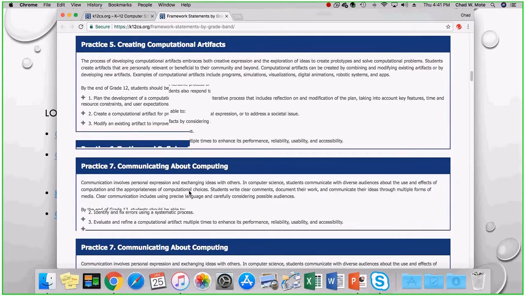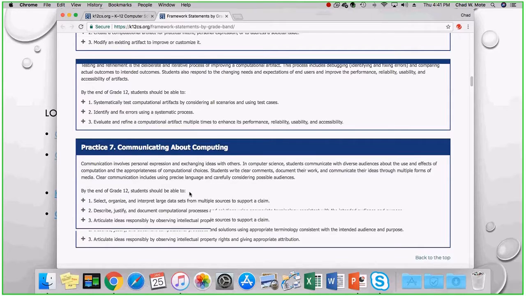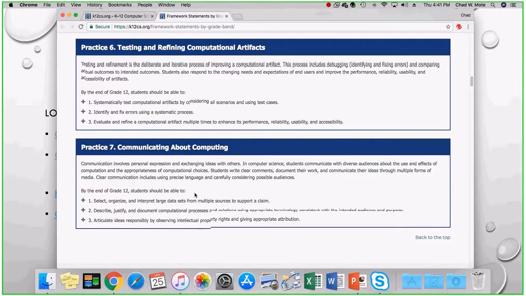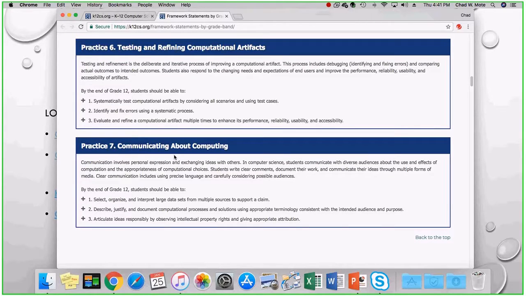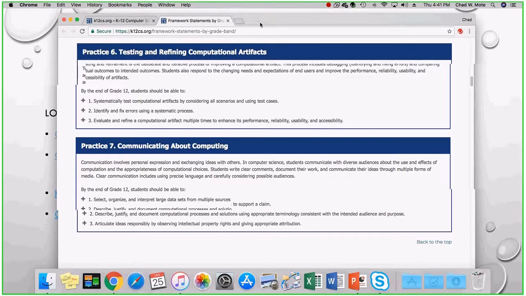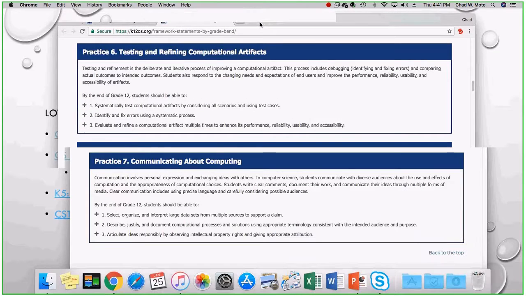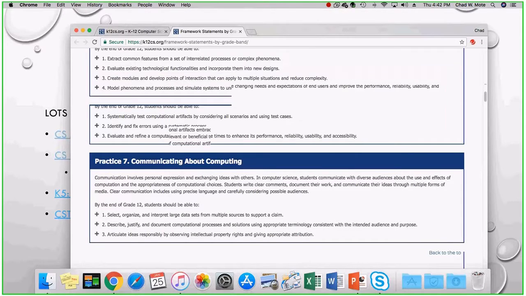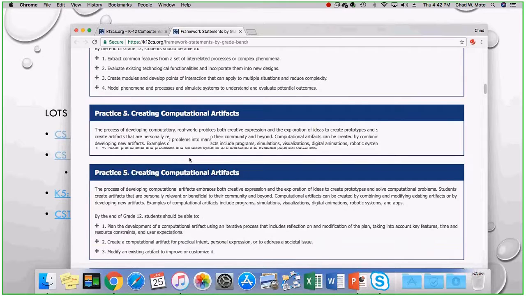So that's important for social studies and English language arts. And then communicating those projects, and communicating with others about the artifacts that we're creating. So that's a great starting point to think about how one is going to incorporate coding in the classroom.